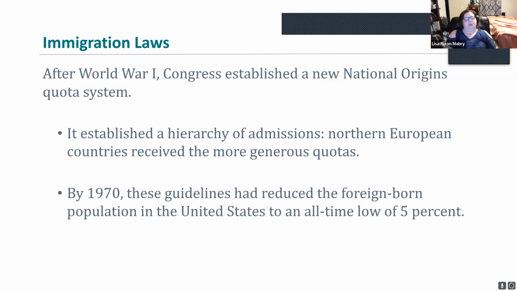If you think about that time frame, between World War I and 1970, we had the civil rights movement and stuff, and obviously there were a lot of efforts to try to stifle minorities in a multitude of ways. This is just another way to try to do that.